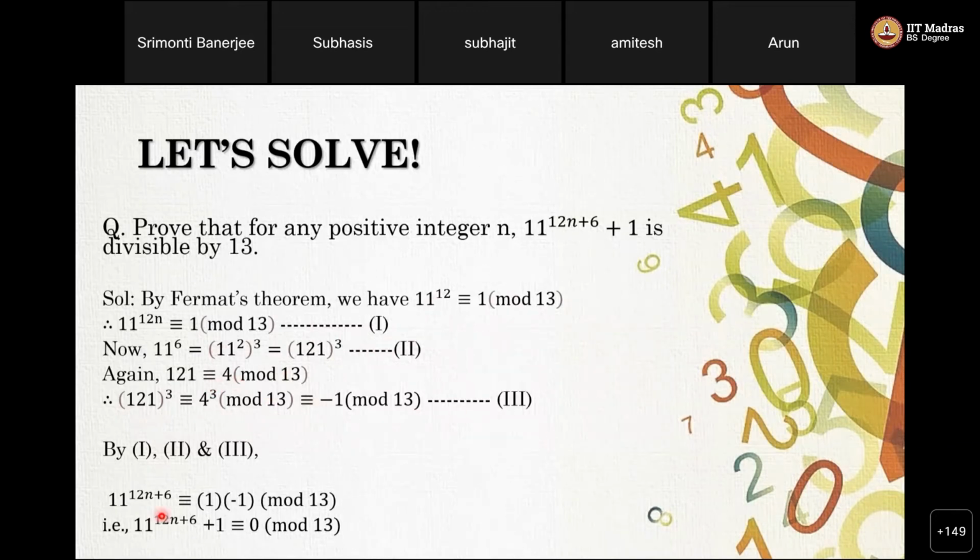From these equations, we just multiply and we get 11 power 12n plus 6 congruent to 1 into minus 1, that is basically minus 1 mod 13. And from here we get 11 power 12n plus 6 plus 1 congruent to 0 mod 13. So this shows that this term is divisible by 13 since it leaves a remainder of 0.